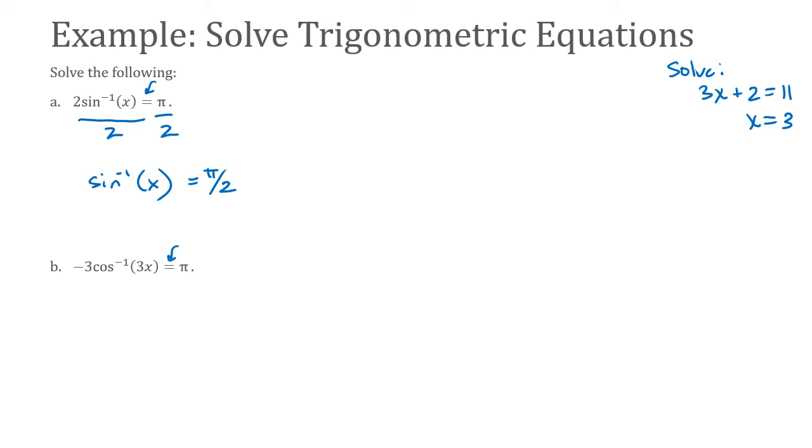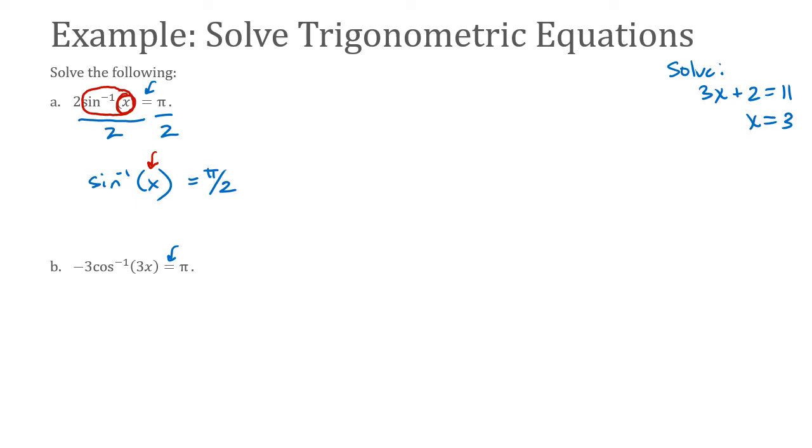Now, the reason why I did that step is because ultimately I want to get this x by itself. But I can't get that x by itself until I get the thing that's connected to the x by itself. So that x is trapped inside this inverse sine function.